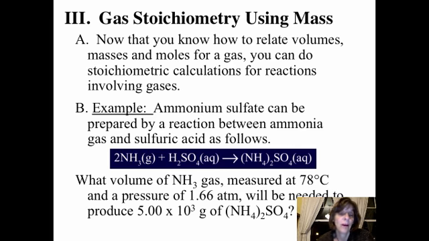Now we want to know what volume of NH3, measured at a certain temperature and pressure, will be needed to produce 5,000 grams of ammonium sulfate. Okay, so here we have a mass of one substance, and we need to find the volume of a gas. This is typical of how you might find a stoichiometry problem using a gas. So I've copied this onto the next page so I have a little room to work.